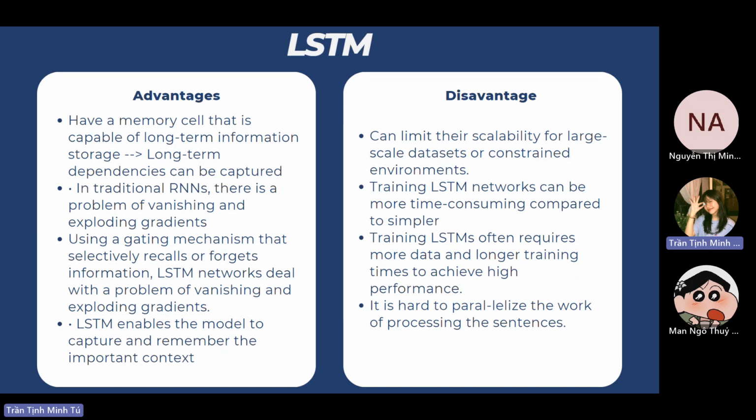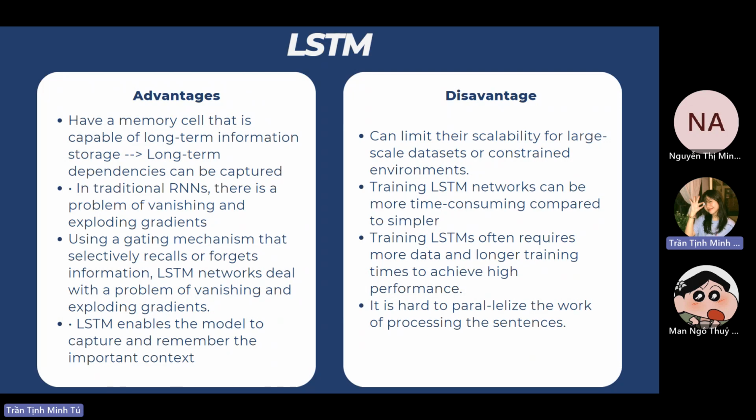In traditional RNNs, there is a problem of vanishing and exploding gradients. Using a gating mechanism that selectively recalls or forgets information, LSTM networks deal with the problem of vanishing and exploding gradients. LSTM enables the model to capture and remember the important context.